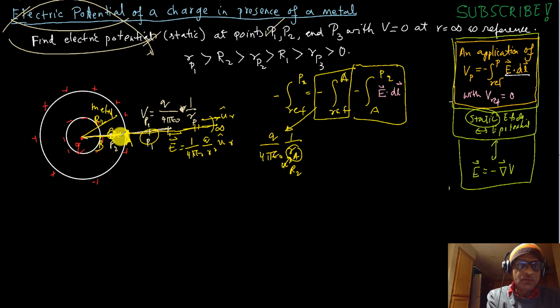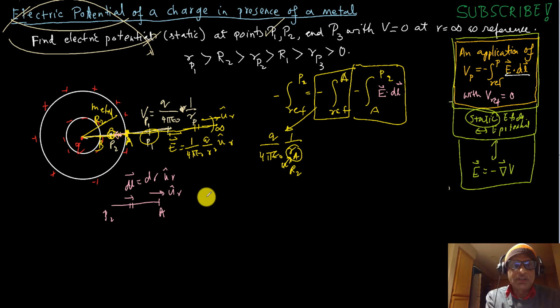So from here to here when I do this integral, A to P2, this is A and this is P2. dl is still dr u hat r, a unit vector pointing in that direction. But what is the electric field there?